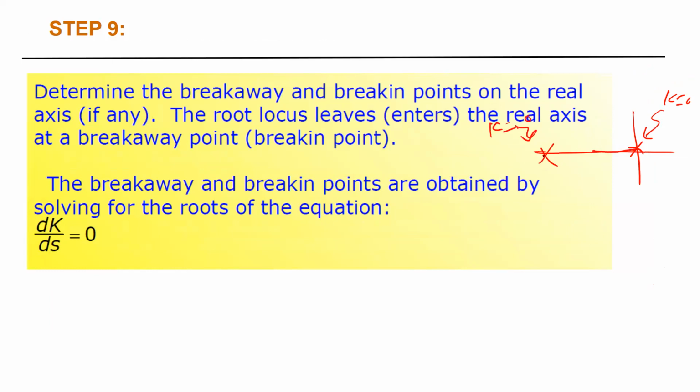Then this is the direction of the increase in the value of K. At certain points, I must leave the real axis. So how do I find this point? Remember, this is the increasing direction of K. Between those 2 poles, what will K be in here? What do you think K will be in here?